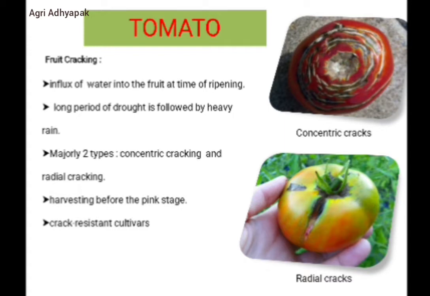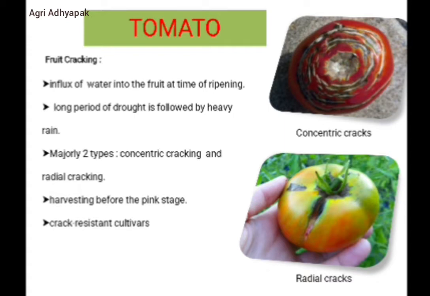It is majorly caused by the influx of water into the fruit at the time of ripening. A long period of drought followed by heavy rains, which means irregular irrigation, acts as the main factor of fruit cracking.